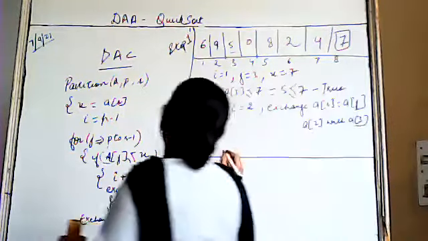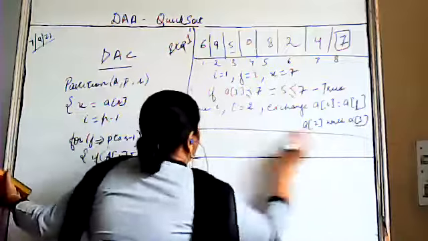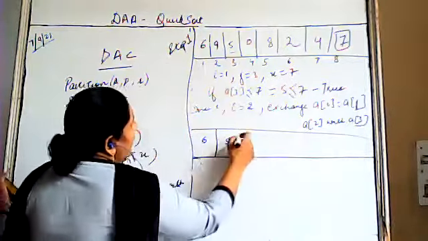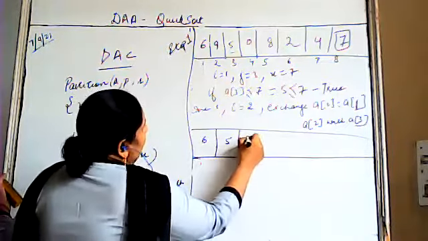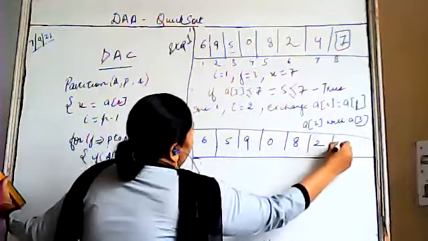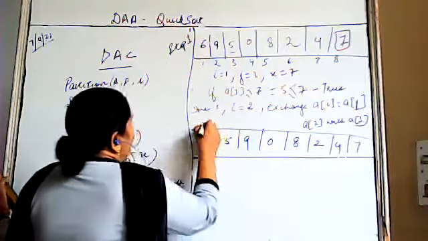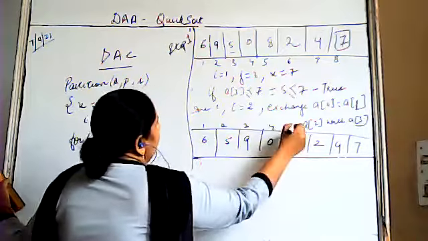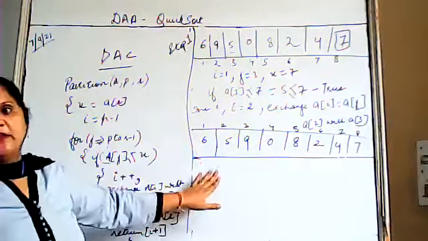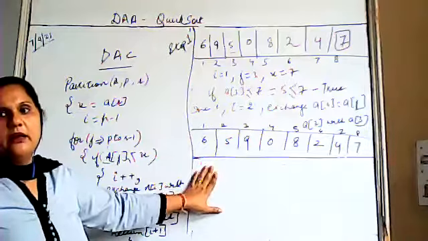That means after exchanging, what would be the final array? 6, 5, because a2 and a3 are exchanged. 6, 5, 9, 0, 8, 2, 4, and 7. Indexes 1, 2, 3, 4, 5, 6, 7, and 8. So this will be the final output for step number 3.